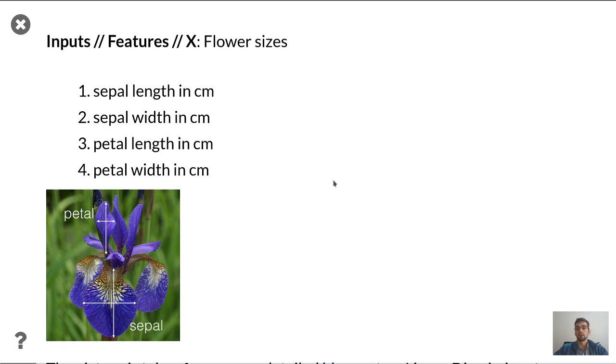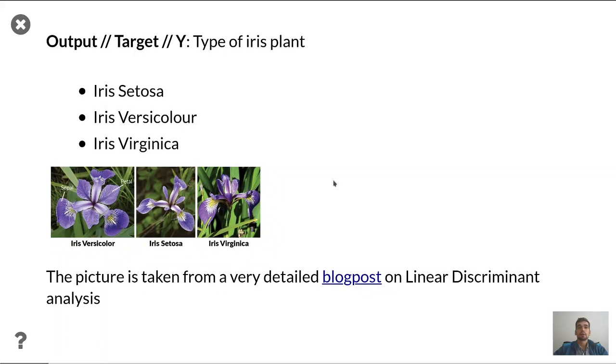So we have a flower, and we measure 2 lengths and 2 widths, in centimeters, and this is the set of features. So we have 4 continuous features, and this is our input data, or X. Our target is just the type of a particular flower. We have 3 different types of iris within this data set, and the goal is obvious.